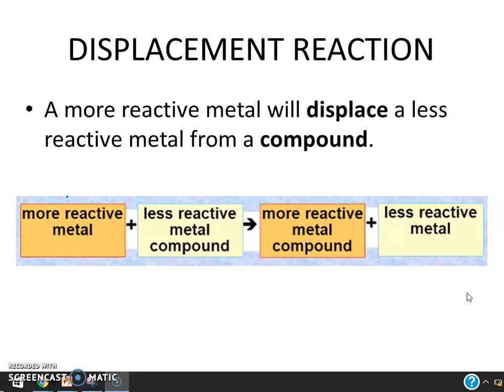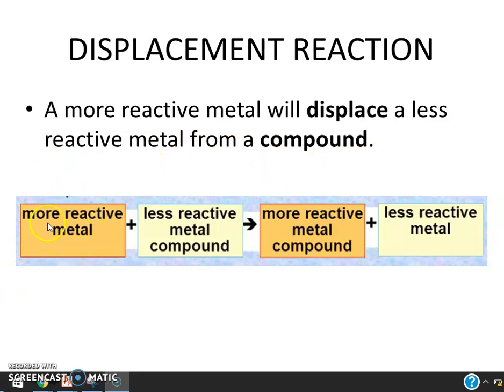So now we will learn why we need to know and understand the reactivity series. It is to understand displacement reactions. So what is a displacement reaction? A displacement reaction is all about a metal displacing another metal in its compound, which means a more reactive metal will displace a less reactive metal from a compound.